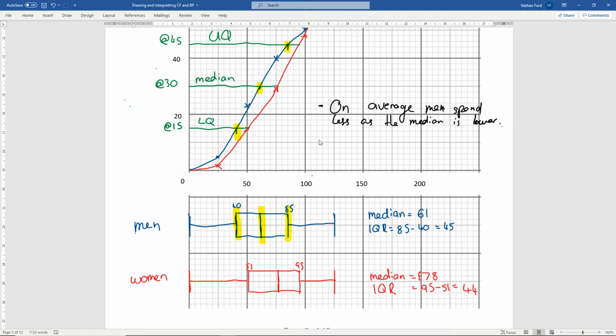That's your first point. Your second point of comparison is the fact that they're spread or they actually have a very similar consistency. So, what we look at is the spread of this box here, how big that box is, how big the range of 50% of the data is around the median. So what we say is that the consistency is the same in men and women in this one.